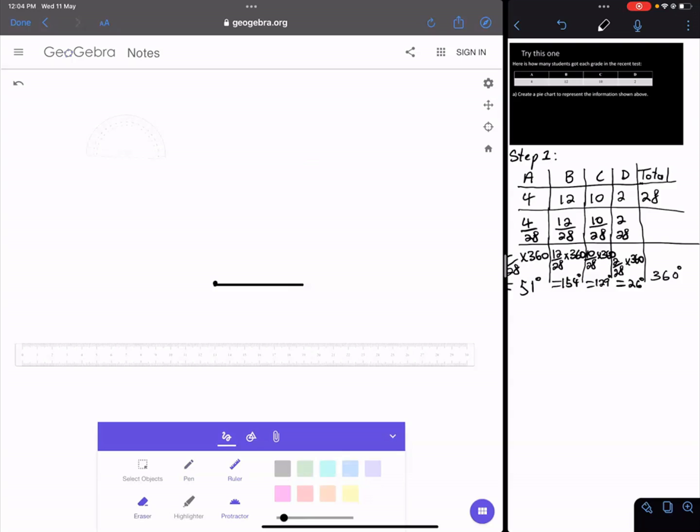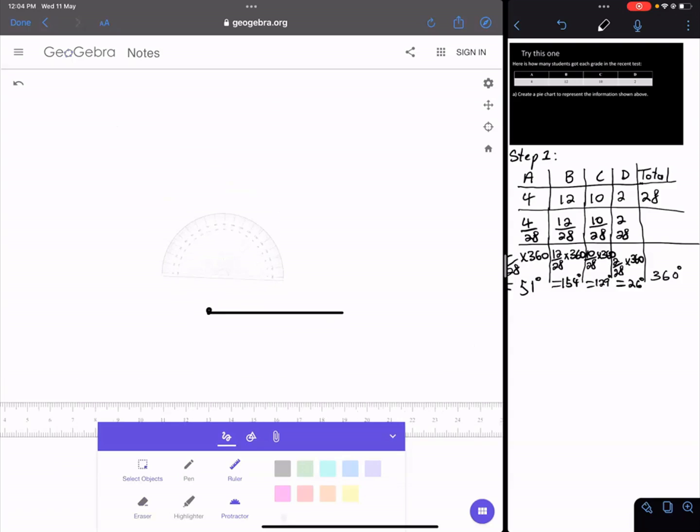Alright, so getting our protractor. Let's get it a little bit bigger.